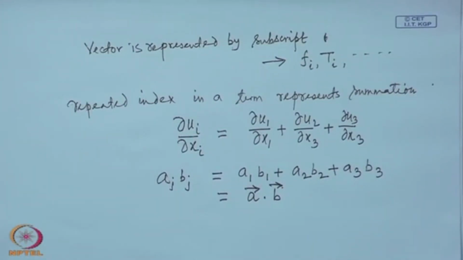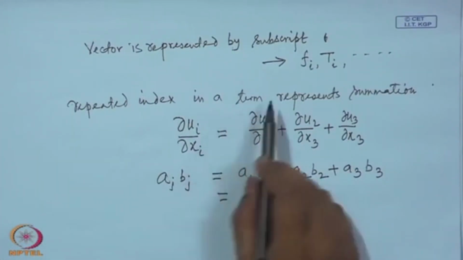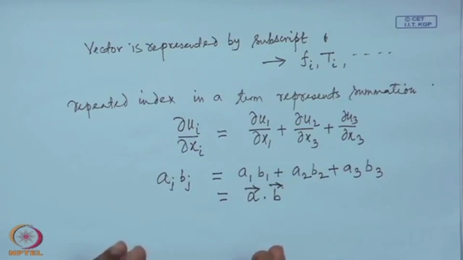We will define two special notations. But before that we should talk about the fact that a vector needs one index. A vector has three components, so one subscript is needed, but there are certain quantities which have more than three components.